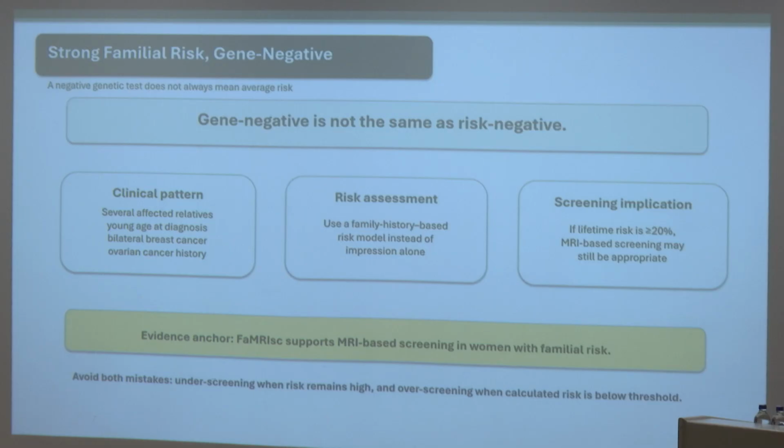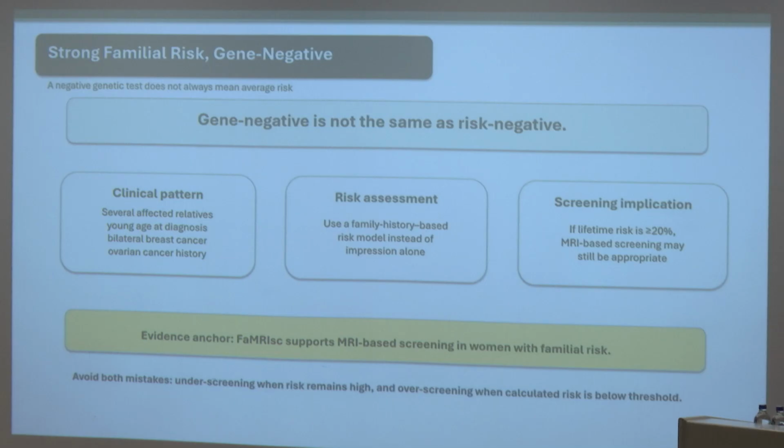Strong familial risk, gene negative. A negative genetic test does not always mean average risk. So it is very important. The clinical pattern is several affected relatives, young age at diagnosis, the family history, bilateral breast cancer, ovarian cancer history. For risk assessment, use a family history based risk model instead of impression alone.